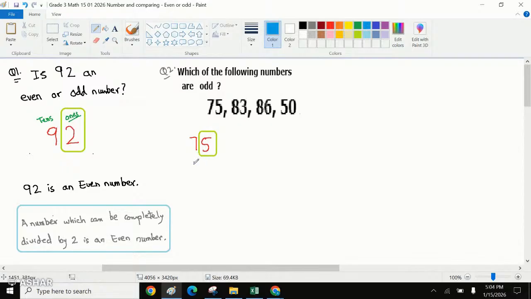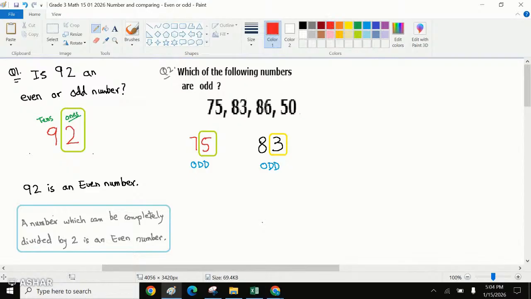This would be odd because it ends in 5. What about 83? If we have 83, on the ones position it is a 3. Therefore, 83 would also be an odd number.